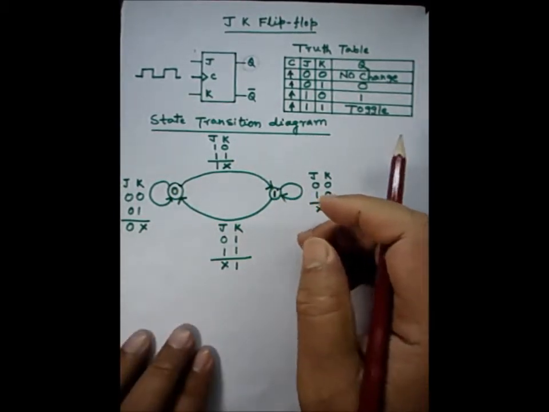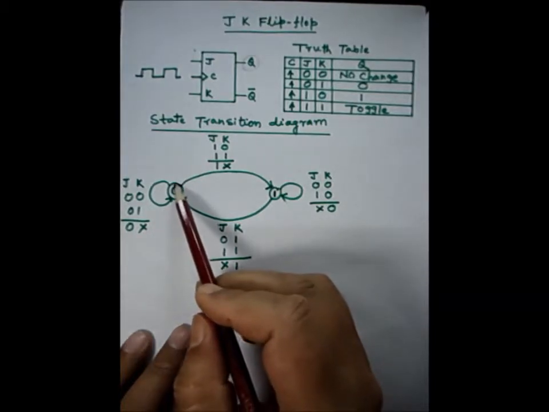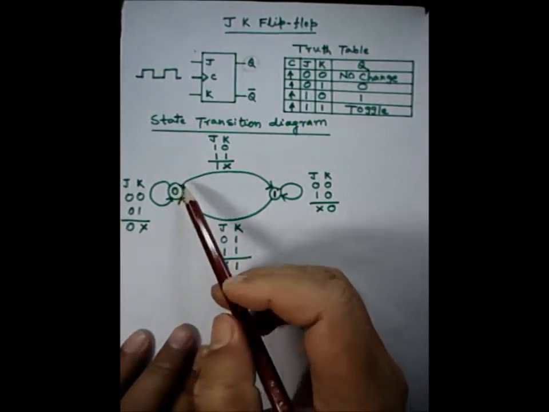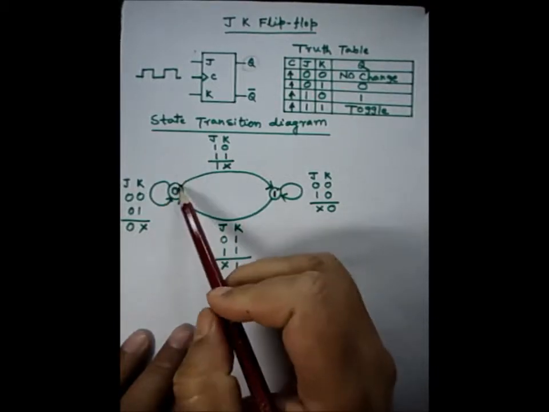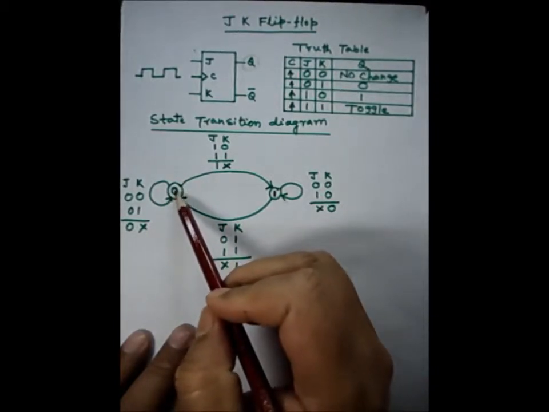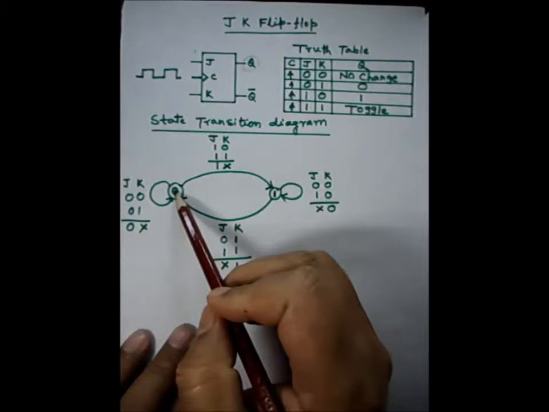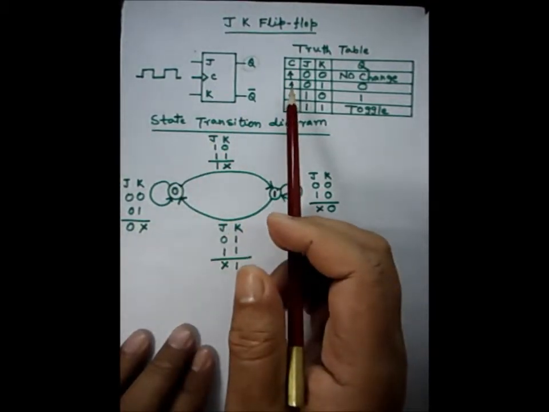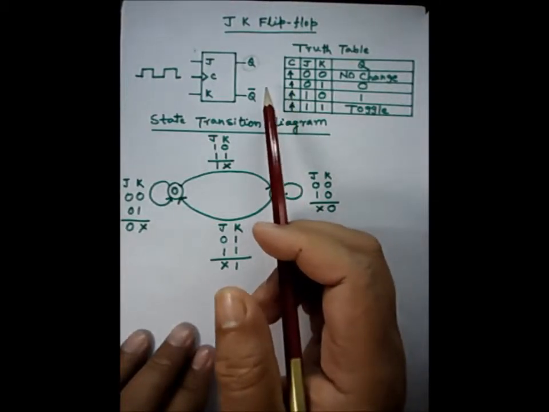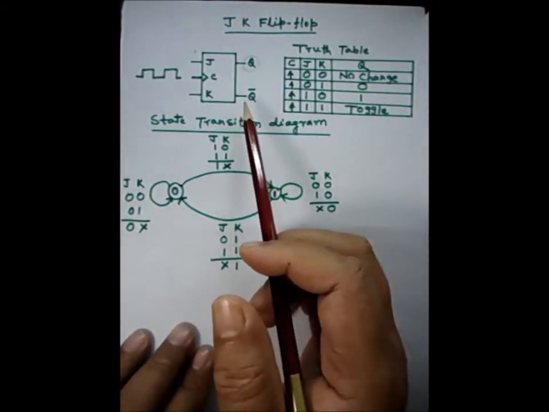Now you can see the condition that I have given with this symbol. It means that the previous state was 0, and after the positive clock pulse, because we are talking about positive triggered, there are JK flip-flops, and there are negative triggered also.